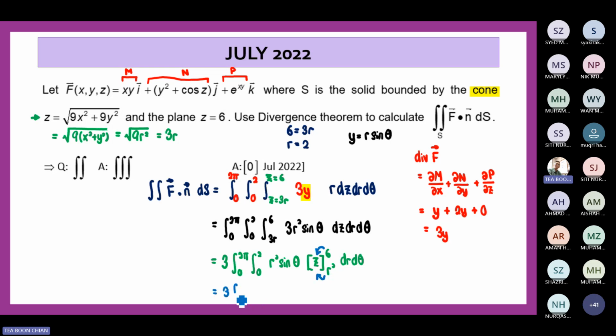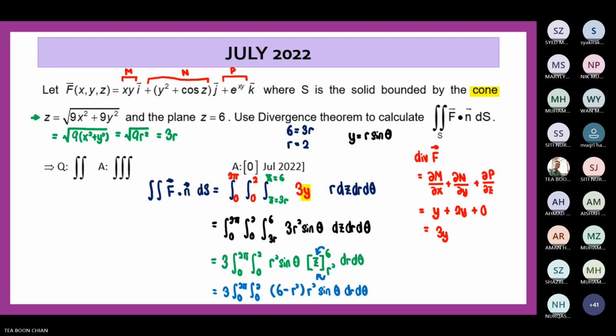So this gives you 3, integrate from 0 to 2 pi, integrate from 0 to 2, substitute into it, I have 6 minus 3r, and then r squared sine theta dr d theta.